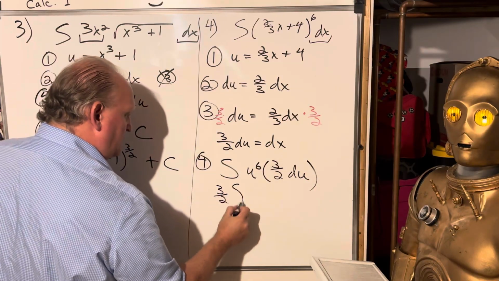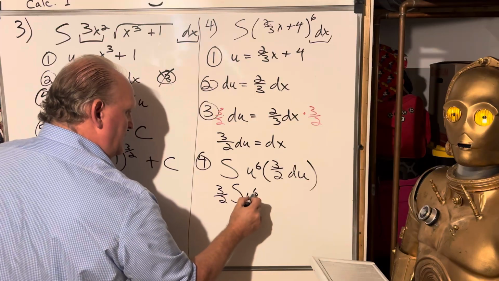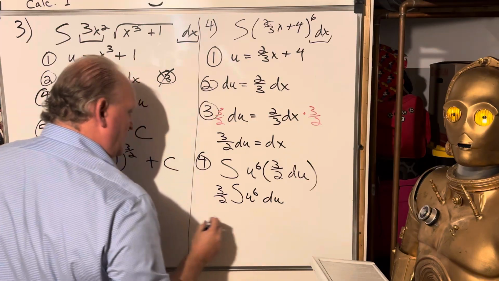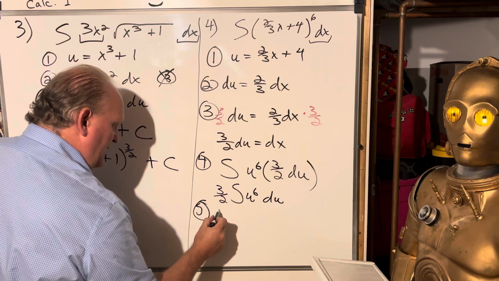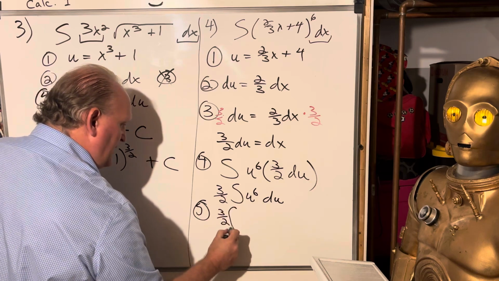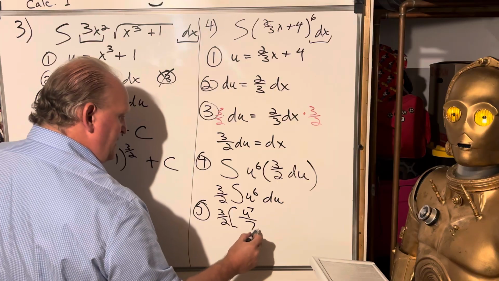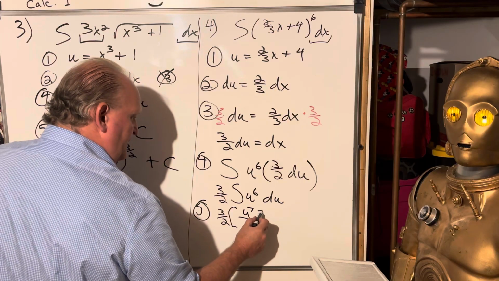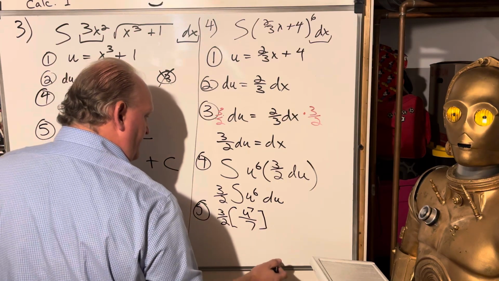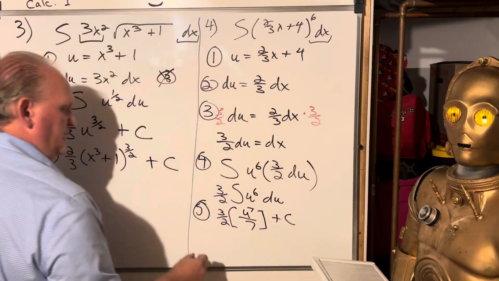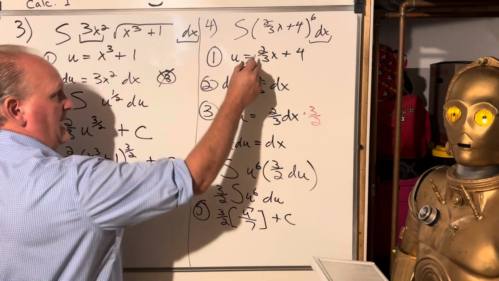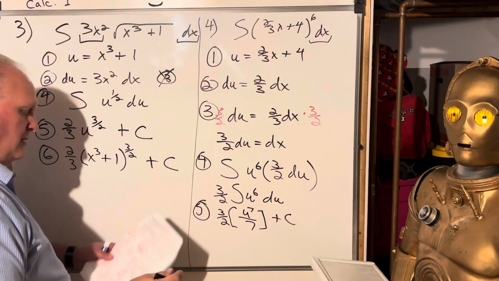We do a quick rewrite, put the constant out front, du. We integrate, that's step 5. So we have 3 halves times the integration, u to the 7th over 7, and then plus constant. And now we substitute that back in.